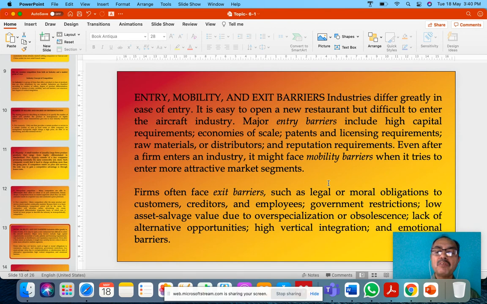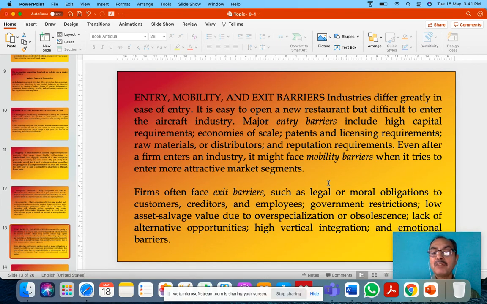Even with mobility, if you are serving one segment and want to enter another segment, it can be difficult. Toyota in the British market was known for the middle-class car. But when they wanted to enter the luxury segment, it was very difficult for them because of the image.